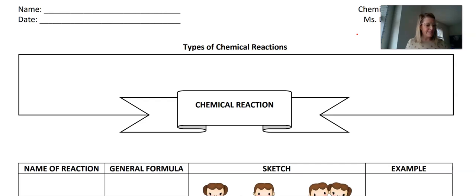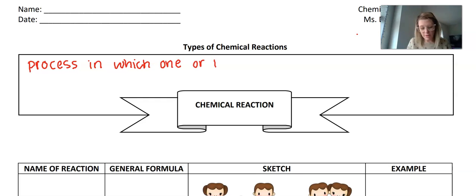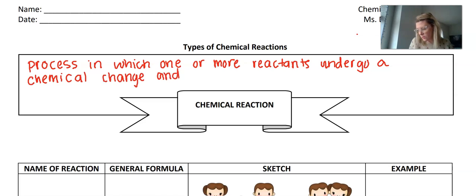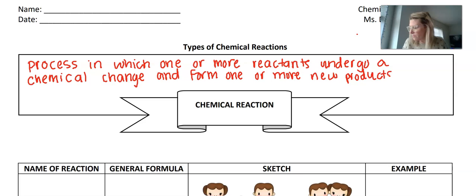We started talking about this a little bit in class, but specifically a chemical reaction is a process in which one or more reactants undergo a chemical change and form one or more new products.